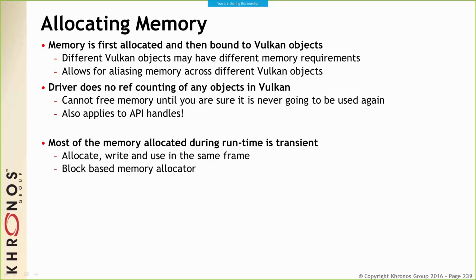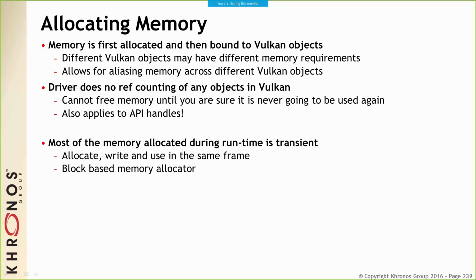Another thing we have to think about is that there's no ref counting in the drivers. We have to manage the lifetime as well. And it's not just the CPU, it's also the GPU. So before we reclaim memory or destroy it, we need a way to make sure that nothing is using this memory. The way we deal with this is a simple block-based memory allocator.